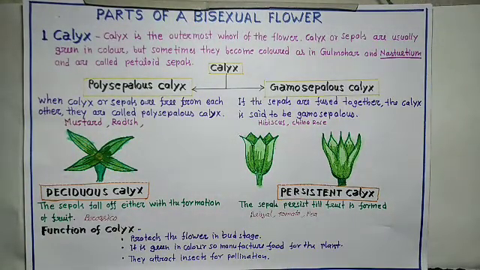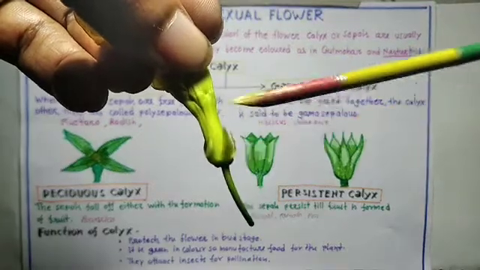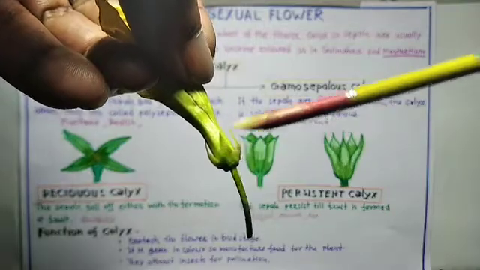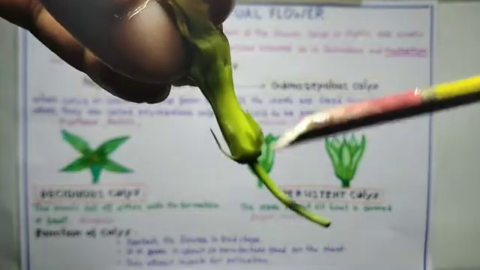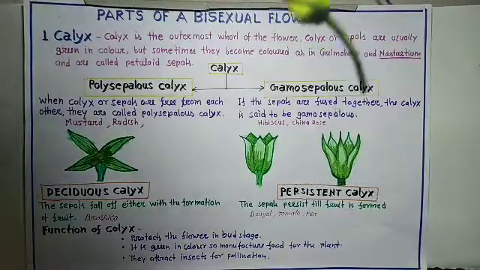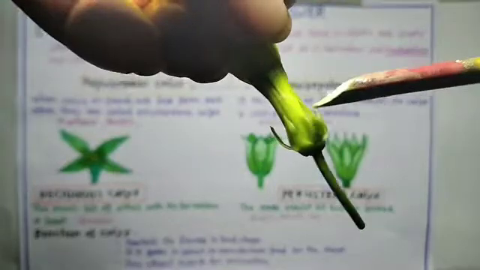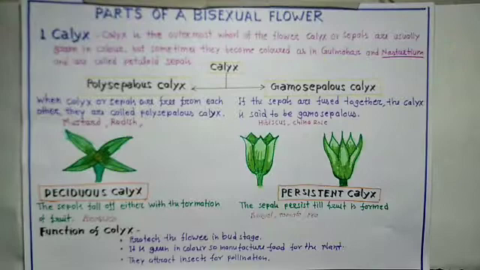Now another example. You can see here, these sepals are free from each other, not connected to each other. So this type of calyx is known as polysepalous calyx, because all the sepals are free from each other. Now another example.